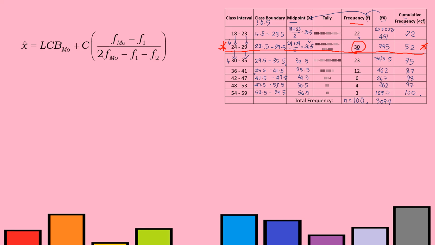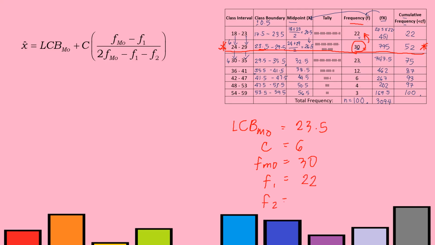Let's write the given. So, ang lower class boundary ng modal class is, ito yun, diba? Lower class boundary, so, 23.5. Ang C natin, or the class interval, is 6. The frequency of the modal class, of course, this is 30. And then, ang before natin, or F sub 1, yung before na modal class, which is 22.